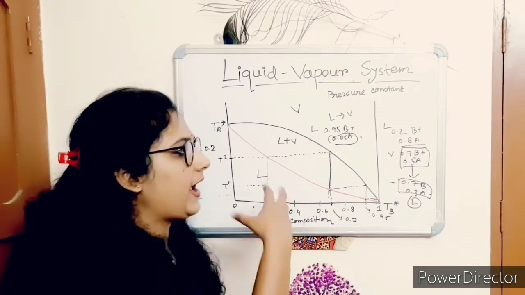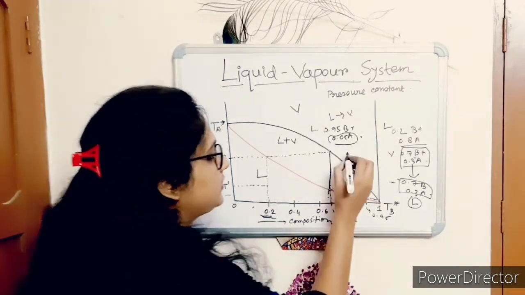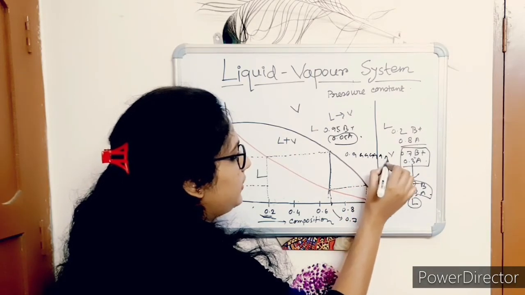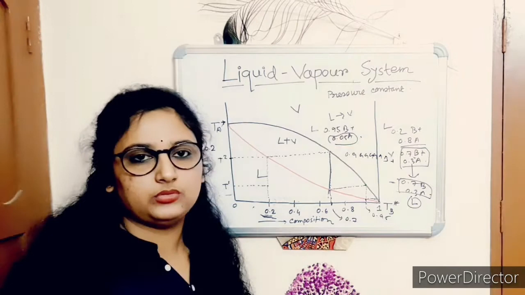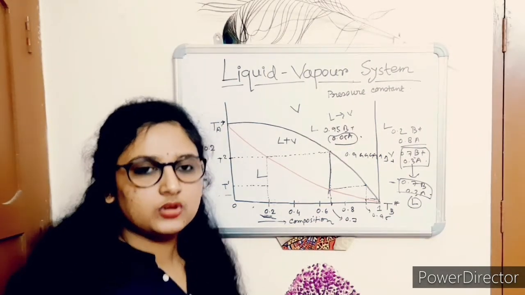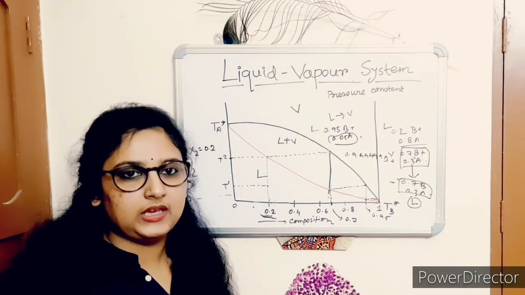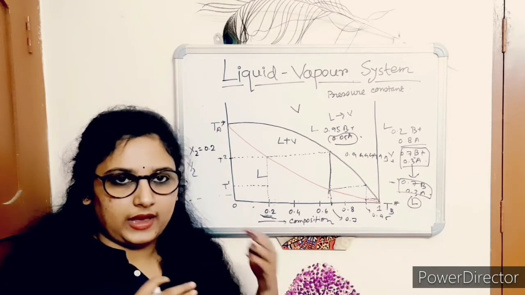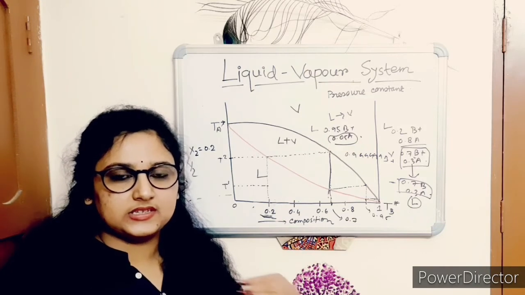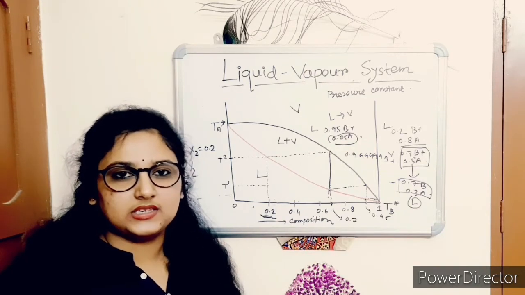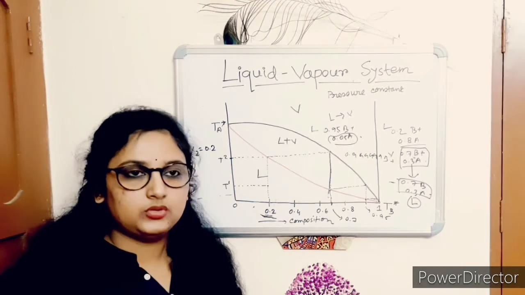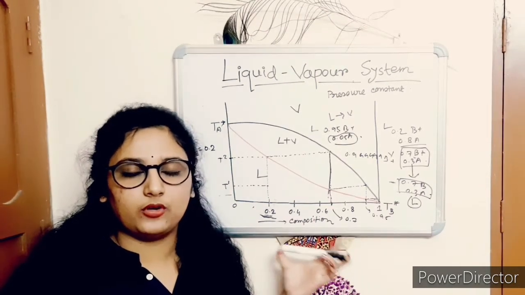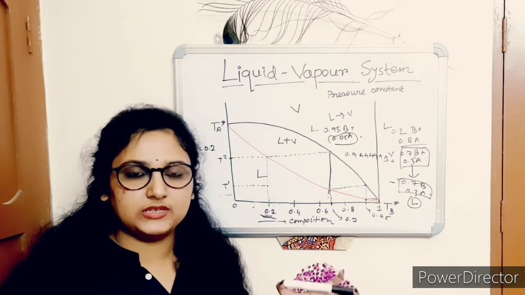Okay, so at the last step there may be 0.999999 mole fraction of B, and there will be some trace amount of A. So you can say that this is pure B in the vapor state at the last step, and what is in the liquid state is pure A. By this process you can separate out the two liquids when they form a miscible solution.